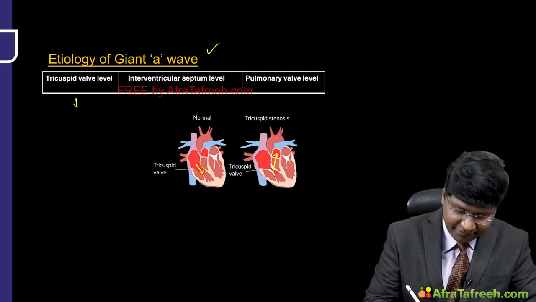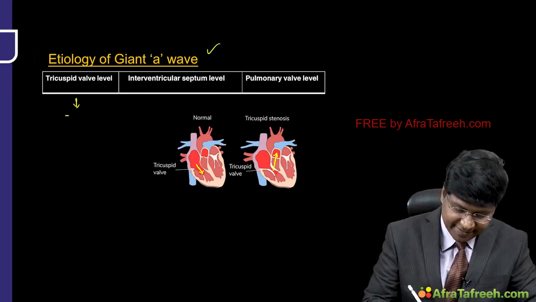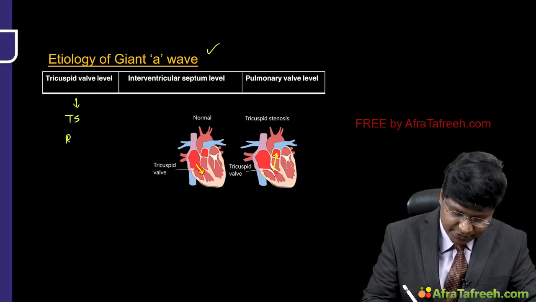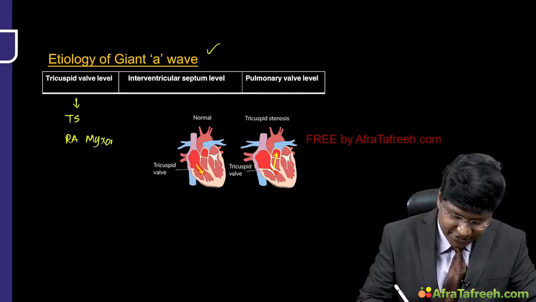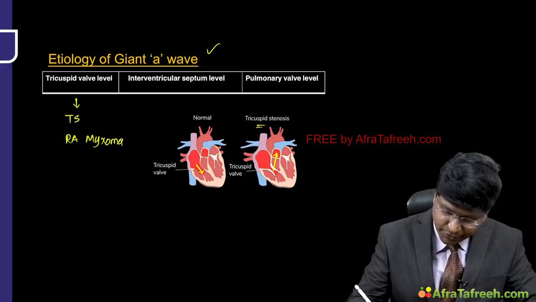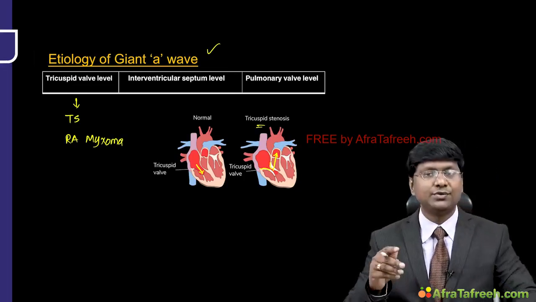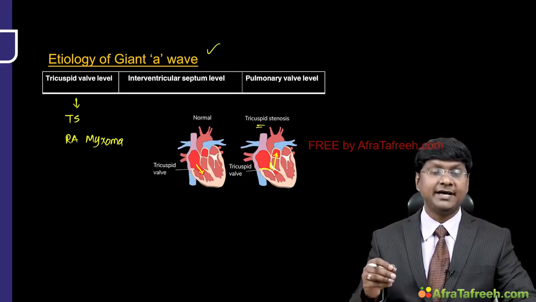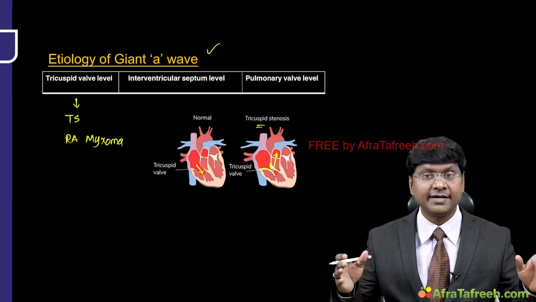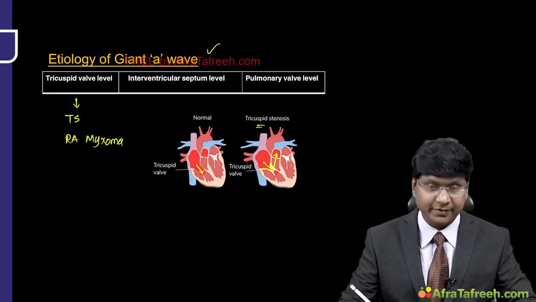If the pathology is at the level of the tricuspid valve, for example tricuspid stenosis and right atrial myxoma. When there is tricuspid stenosis, the tricuspid valve is stenosed. So in order to send the blood from the right atrium to the right ventricle, the right atrium has to do excessive work, or the right atrium has to contract strongly to push the blood into the right ventricle.